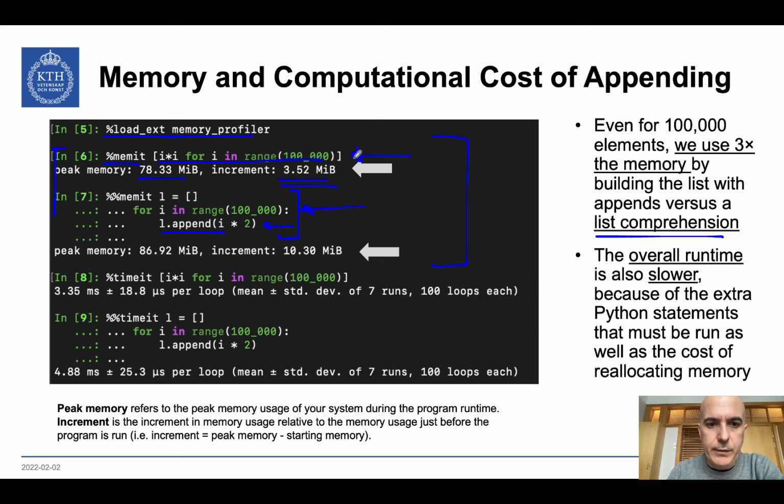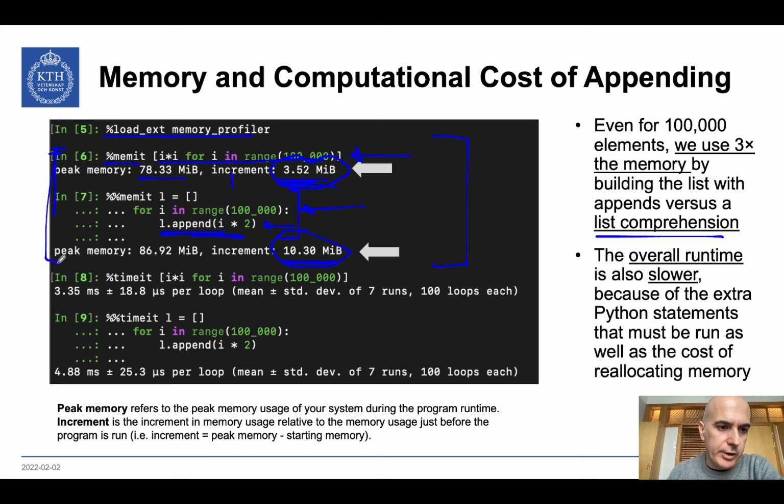In the case of list comprehension, creating and filling this list took 3.52 megabytes. In the case of appending, it takes 10.3 megabytes. So roughly 3 times more space when we create it by appending versus list comprehension.